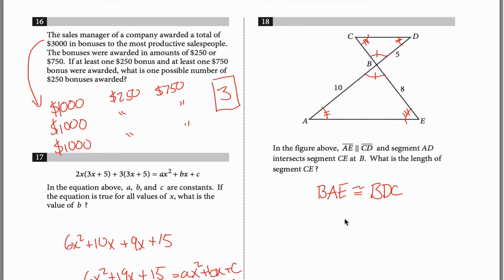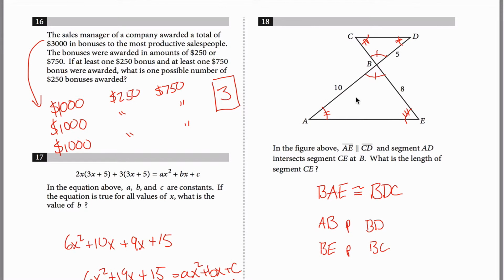So what that tells you is that length AB, the first two letters, will be proportional to length BD. And it also tells you that length EB, the first and the last two letters, is proportional to BC. And P for proportional. You could write times some number equals that, but I'm not going to bother.